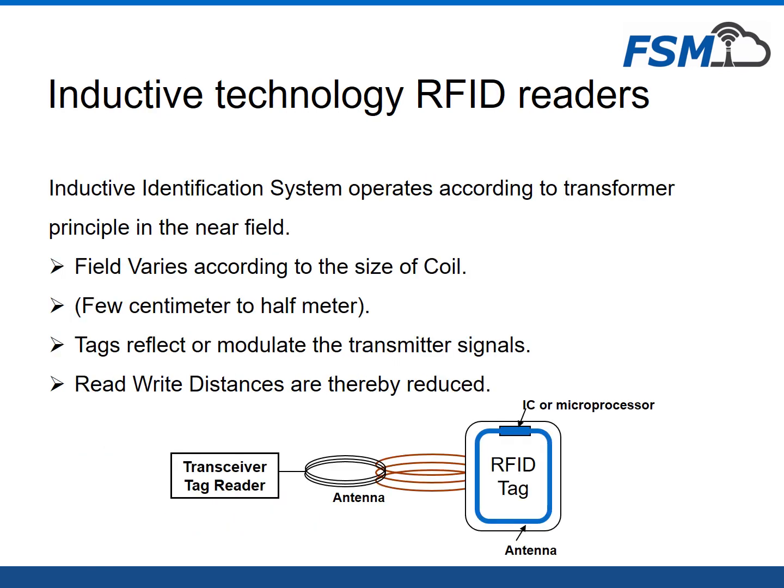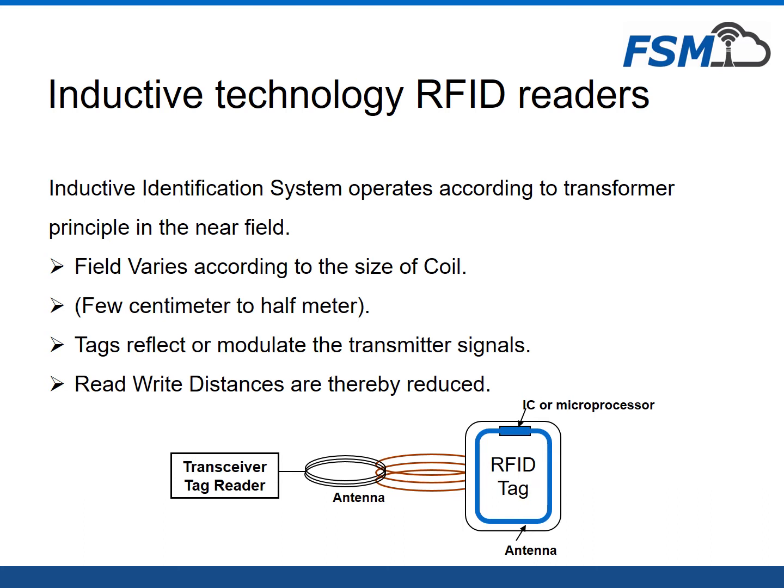Here again, from laws of electromagnetic induction, it's the inductive principle that comes into play, wherein on close proximity of an antenna, the field being emanated by the antenna is picked up by the RFID tag, thereby energizing the IC, the microprocessor inside.